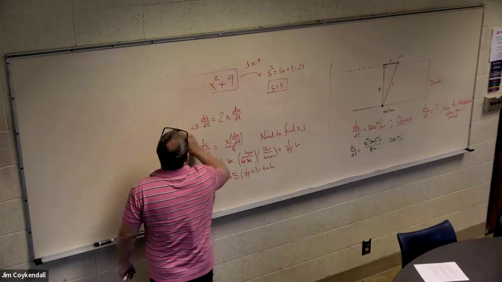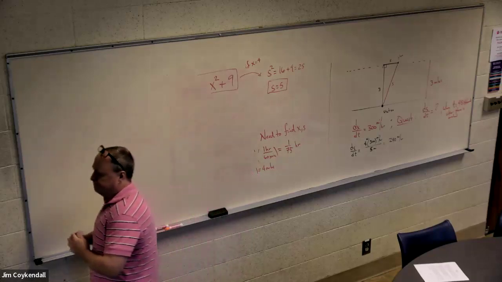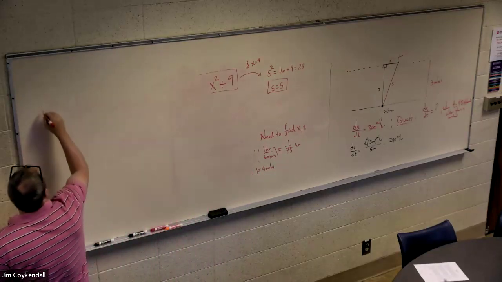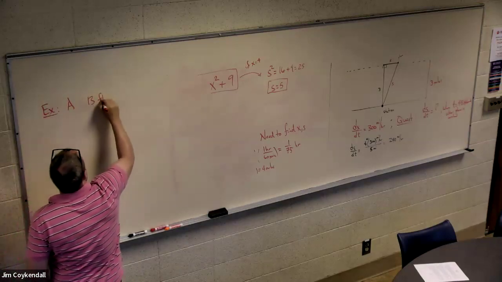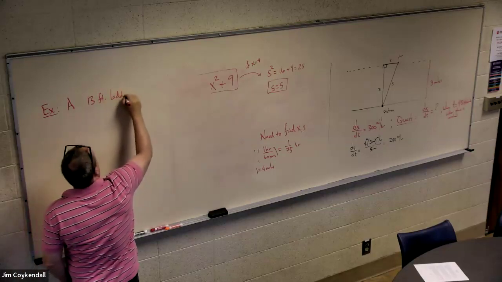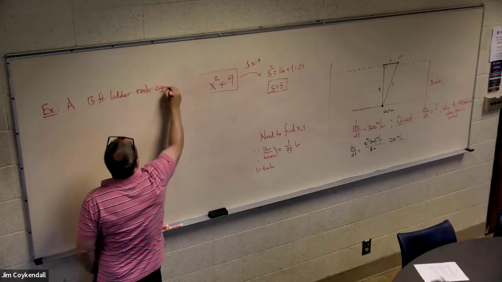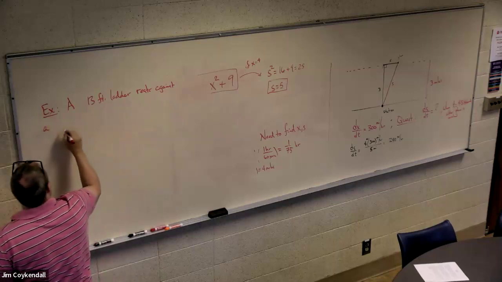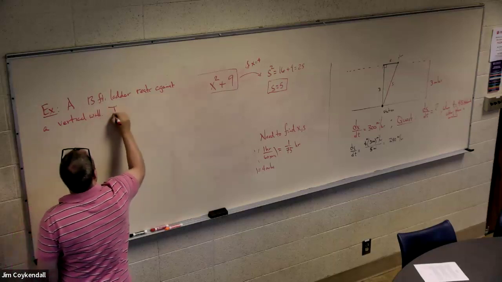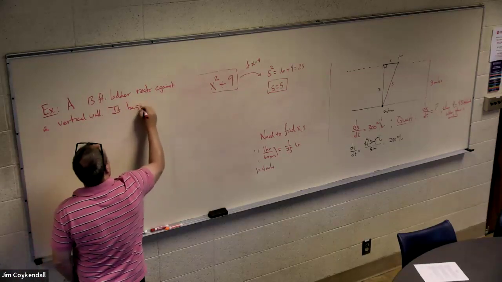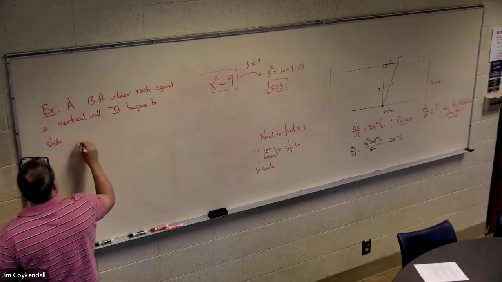Here's one that you'll see in almost every calculus book ever written. A 13-foot ladder rests against a wall. It begins to slide down the wall.